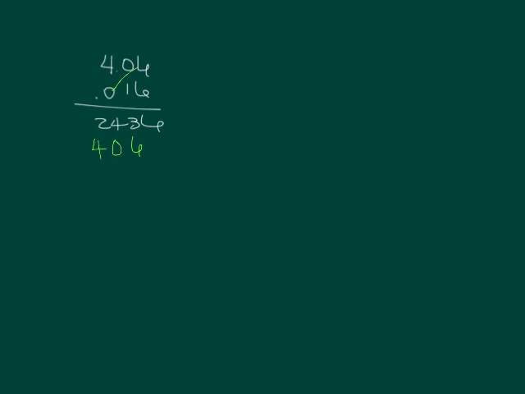And then we do 6 times 0 is 0, 0 times 0 is 0, 4 times 0 is 0. And then we add all these up, 6, 9, 4, 6, 0. And our decimal place is 1, 2, 3, 4, 5. So our decimal place goes right there. So we get 0.06496 for our answer.